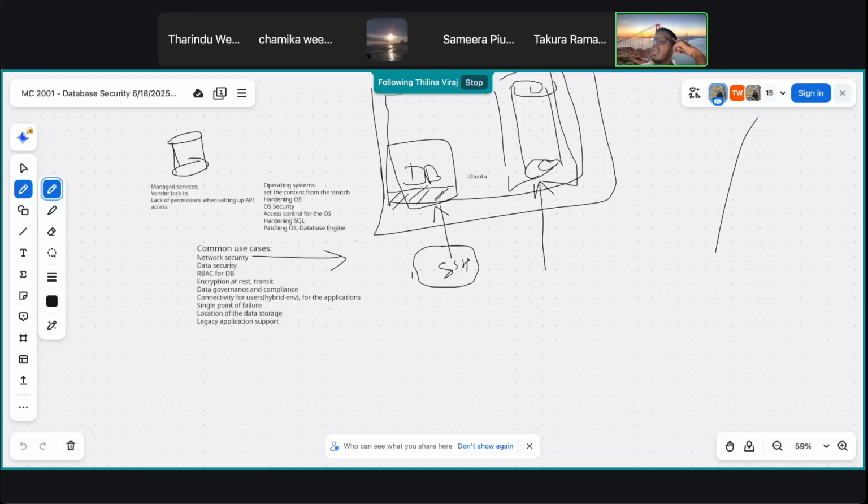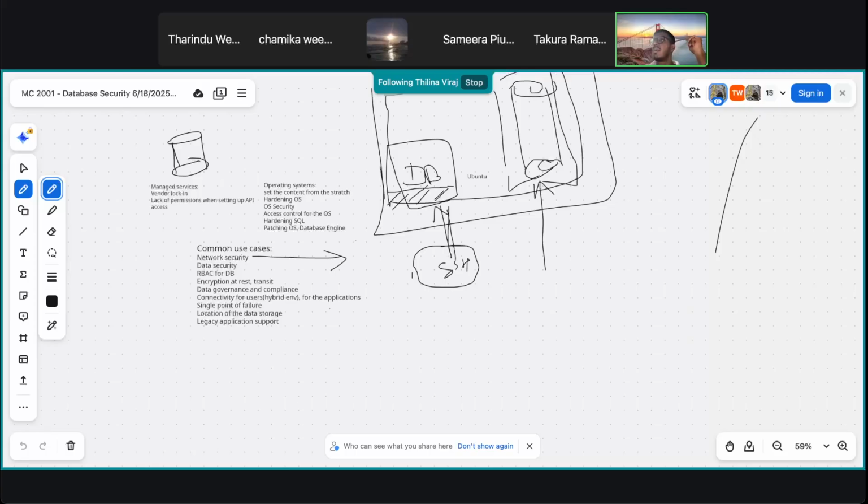So this OS will be accessible through a separate protocol other than the database. So the more you open, the more you get the risk. The attack surface is a bit different than this one. But when it comes to the network security, this guy will be more vulnerable than this one as well, right?